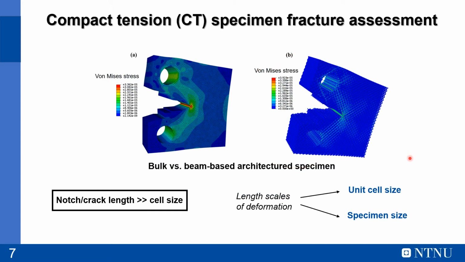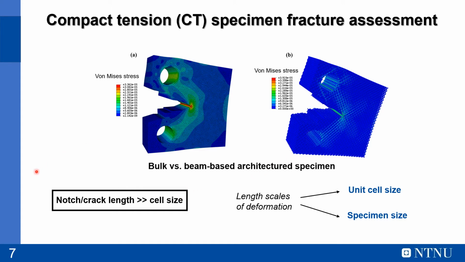However, we noticed that building a solid element model to replicate the fracture experiments is prohibitive in terms of computational cost. Therefore, without loss of generality for the energy-based approach, we try to validate such an energy-based method on a beam element-based model. On the left here you can see the bulk material, and on the right the architecture one.